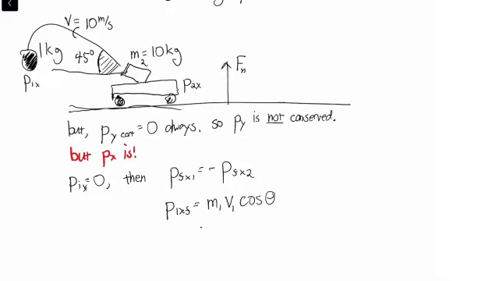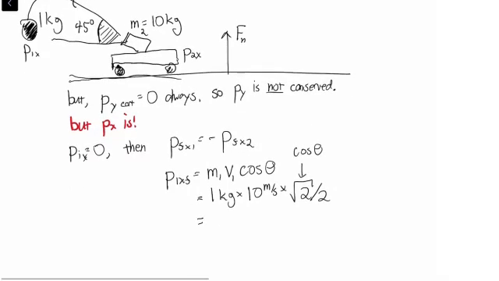So this ends up being 1 kilogram, sorry, it's a little messy, 1 kilogram times 10 meters per second times cosine theta, which is √2 over 2.